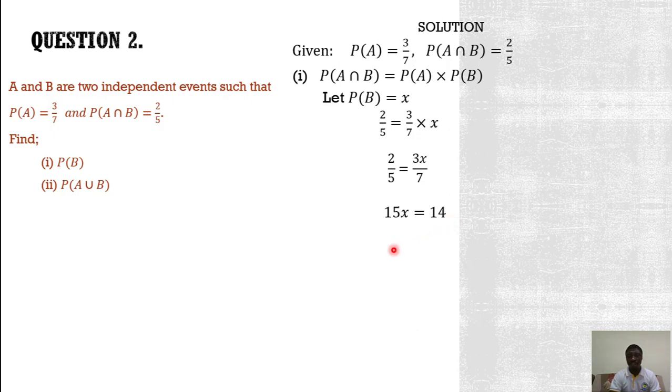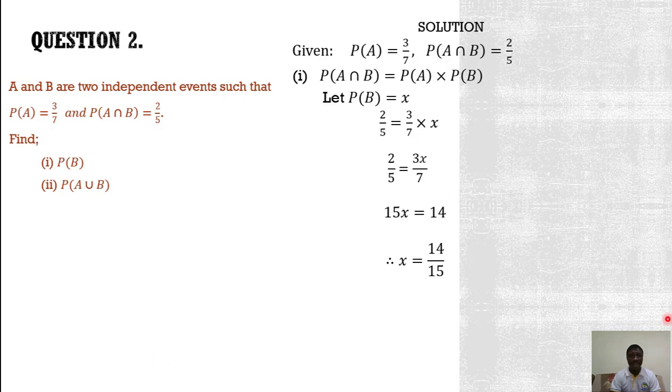So now you have to divide both sides of the equation by 15. And when you do so, you end up getting 14 over 15.